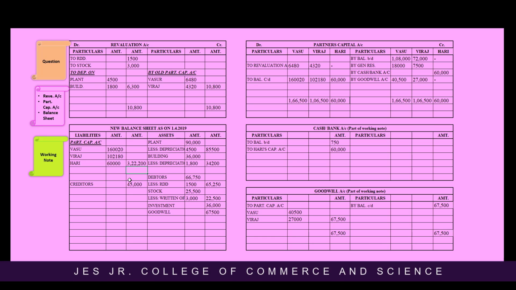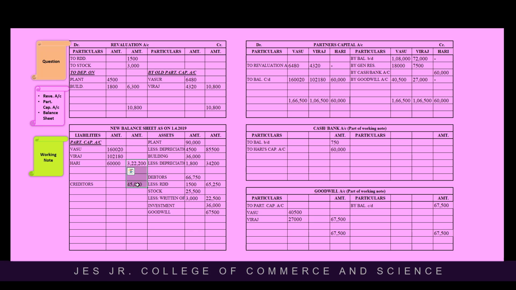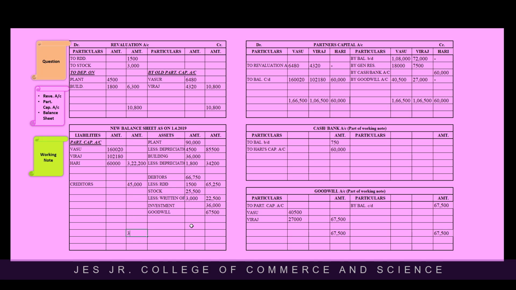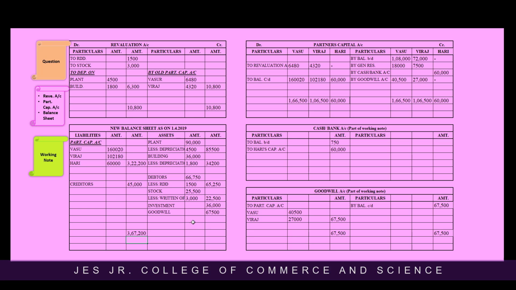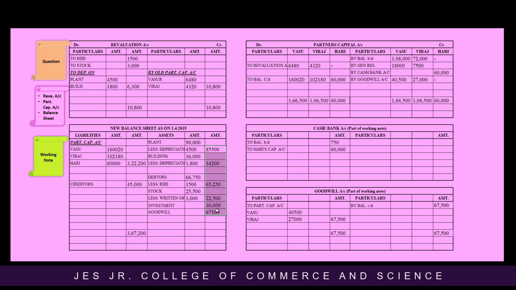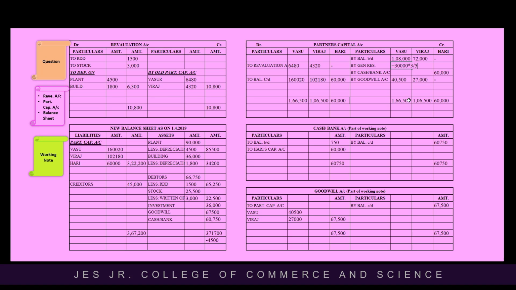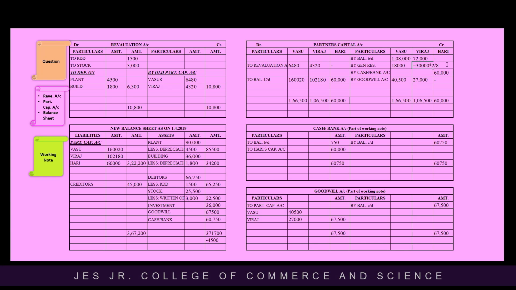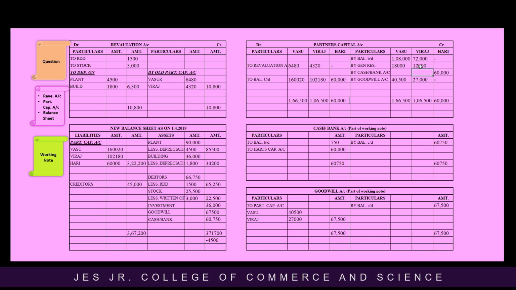3,22,200. I'll check it out once again. 3,22,200. And now we'll try to tell you balance sheet. 3,67,200. And this side is here is the problem 2 upon 5, so 12,000.